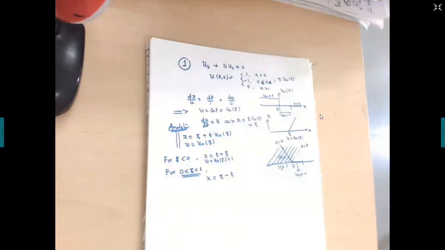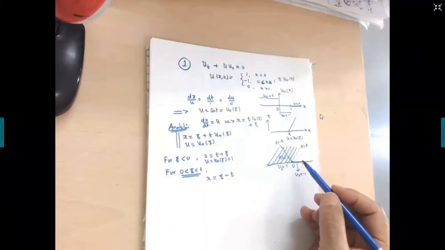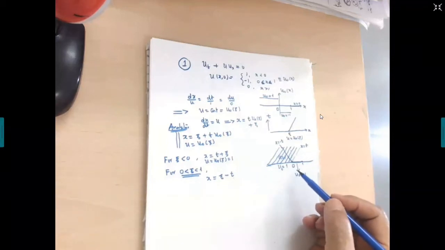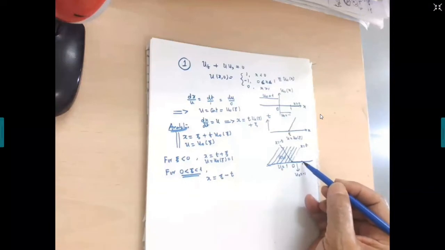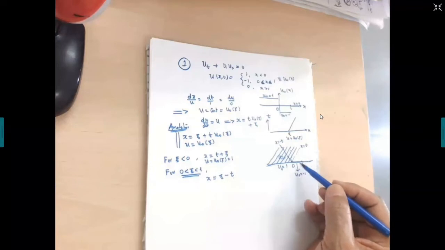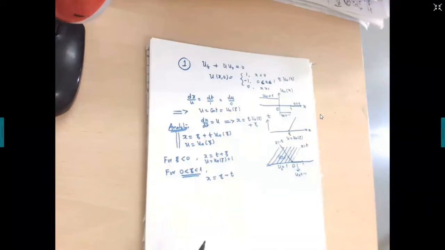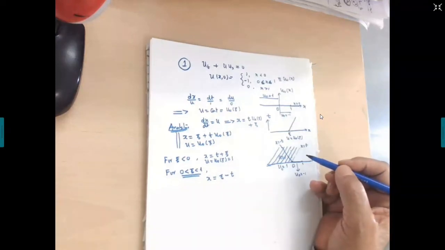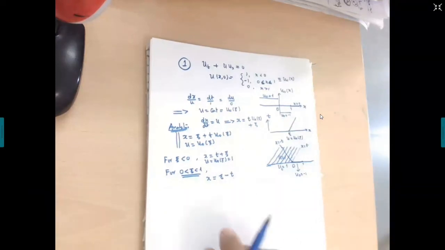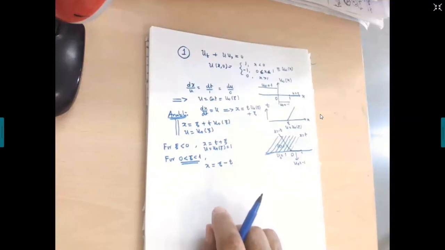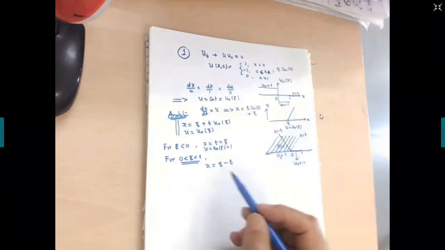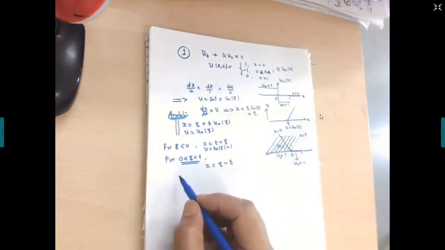So you have to tell me what is the characteristic issuing from this end of this interval, 0 to 1. x is equal to 1 minus t. Why is it 1 plus t? 1 minus t, sir. Exactly.